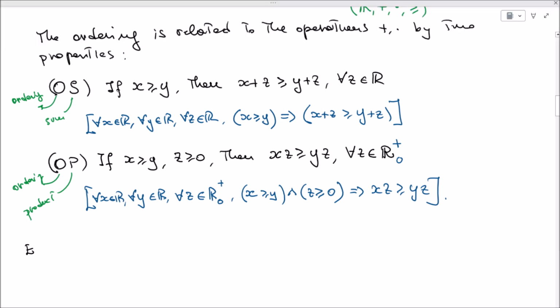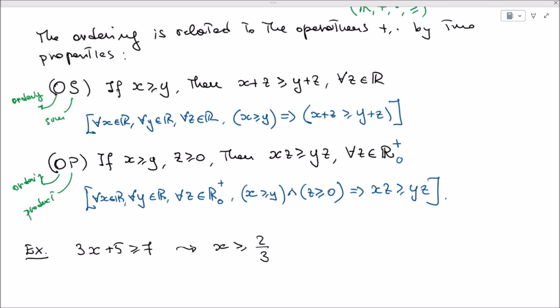Let's suppose that we need to solve the following simple inequality: 3x plus 5 larger than or equal to 7. Well, how do we solve this inequality? We bring 5 to the right hand side, and then we divide by 3, and we get x larger than or equal to 2 divided by 3. So this was the easy way, the practical way of solving the inequality.